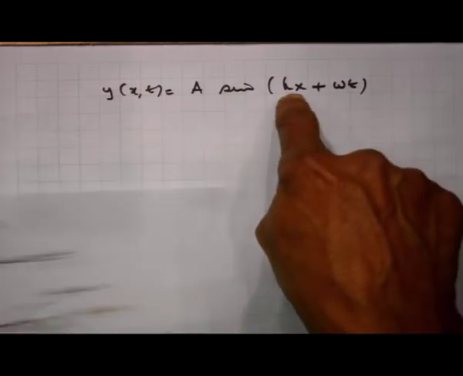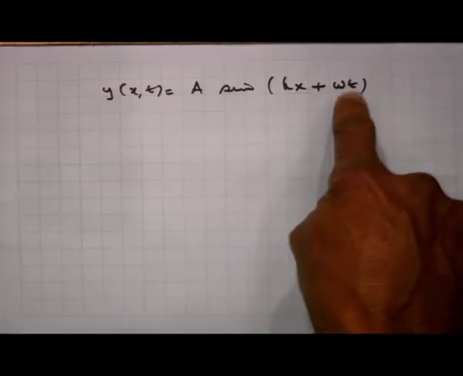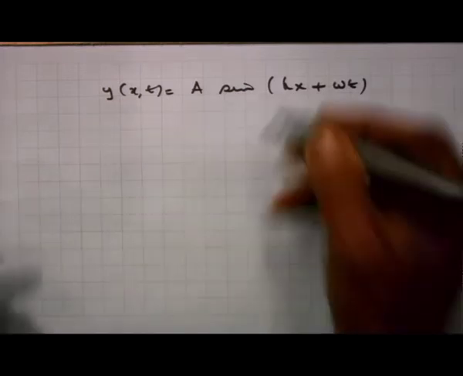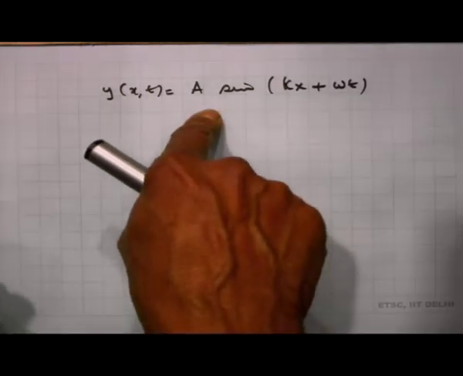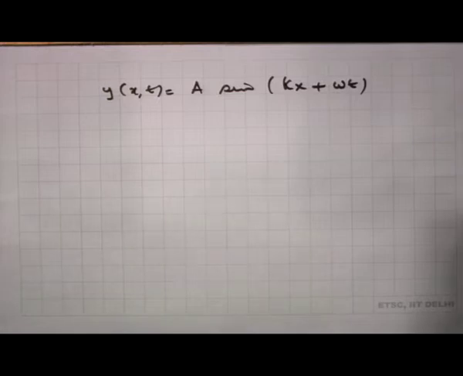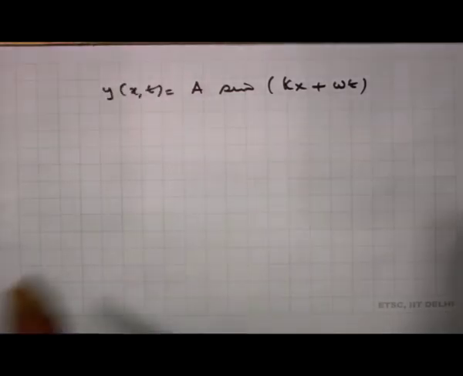Depending on the sign between the space-dependent and time-dependent parts, the wave is going either in the plus x direction or the minus x direction. Please make the argument, try to plot figures, and show that this is a wave going in the minus x direction.